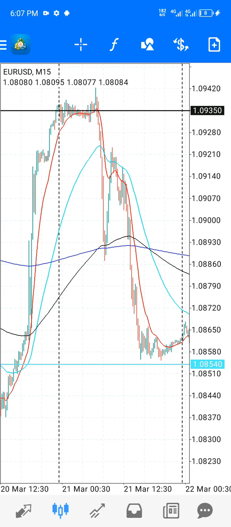Then we have the Australian dollar crosses, which are AUD CHF, AUD CAD, AUD NZD, and all other pairs that pair with AUD.